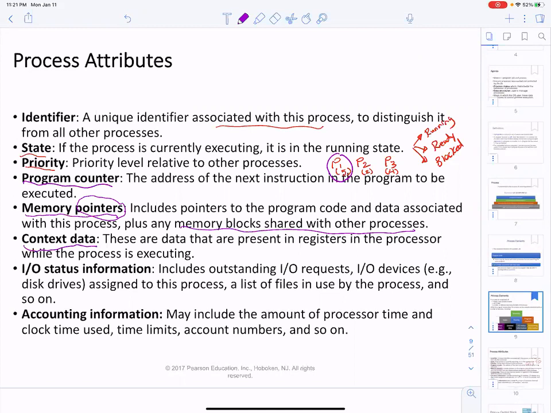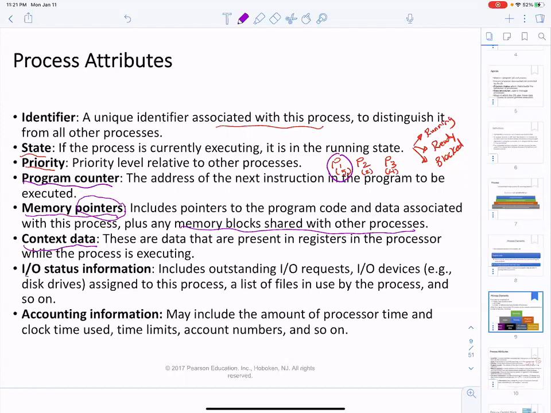So we keep some information and some data in those registers in the processor while the process is in execution, so we can perform some quantitative performance analysis and see the behavior of the processor.